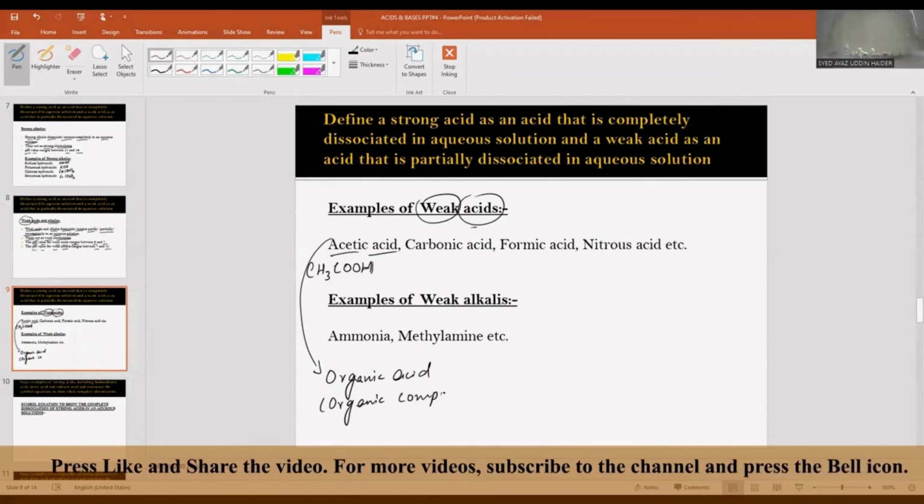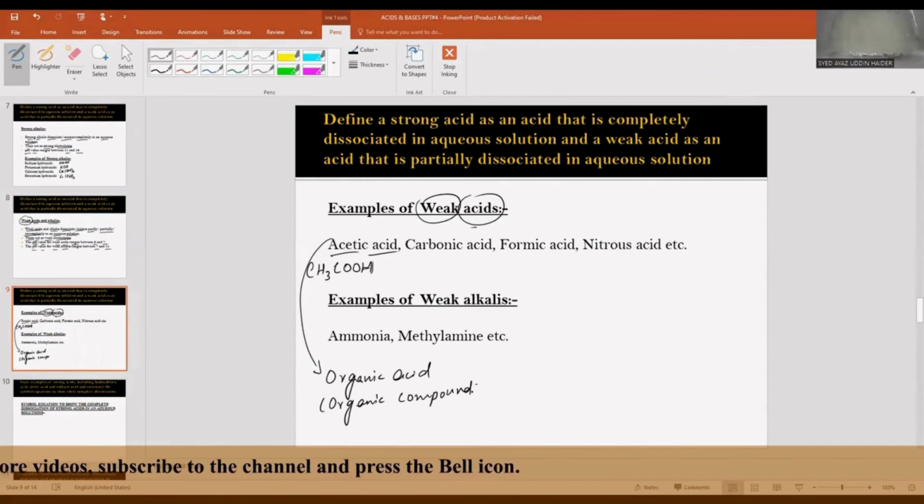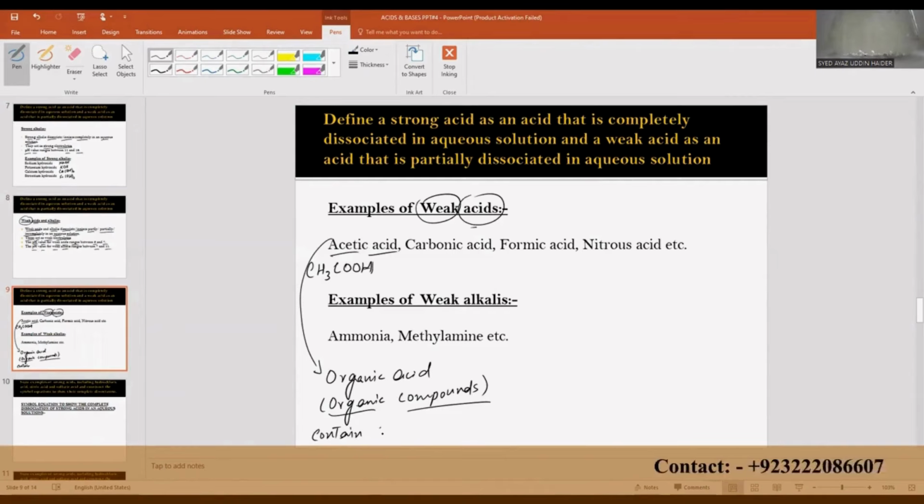Organic compounds are those compounds which contain carbon as an essential element.